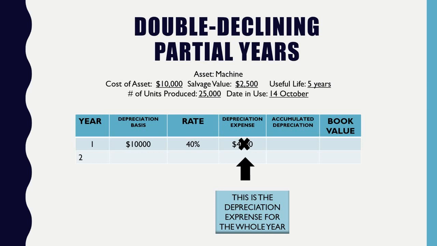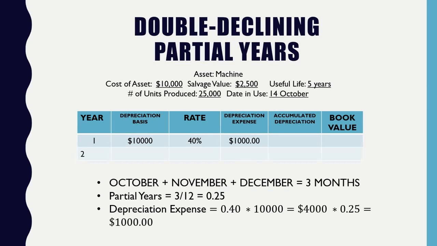Now there's a couple of ways that you can figure this number out. Since we know that 4,000 isn't our correct answer, and it is going to be used for 3 months, we're going to depreciate it for 3 months. 3 out of 12, which is also known as 0.25, or 1/4, or 25%.